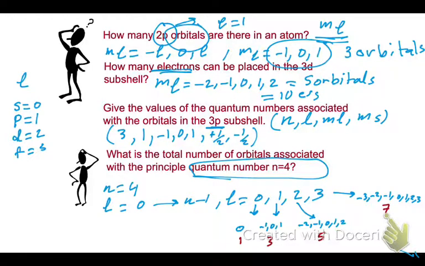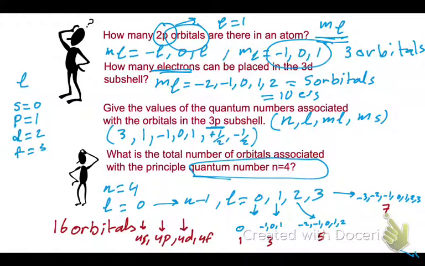So 7 plus 5 is 12, 12 plus 3 is 15, plus 1 is 16. You have 16 orbitals, because you have 4s, 4p, 4d, and 4f. This one has 1 orbital, 3 orbitals, 5 orbitals, and 7 orbitals.